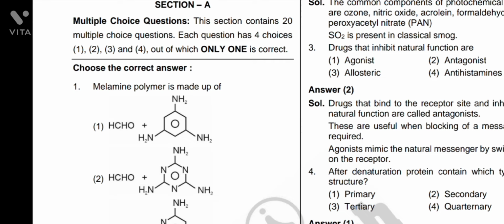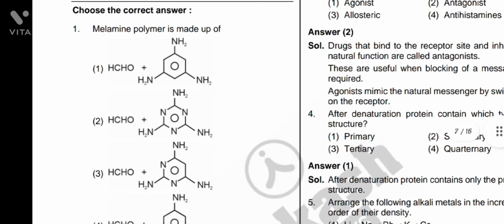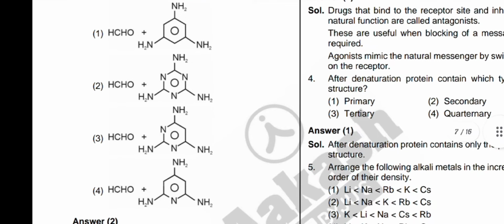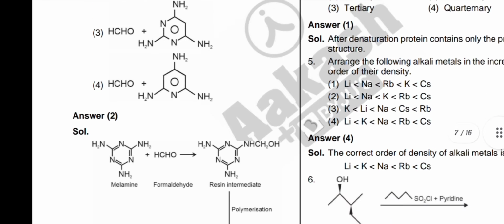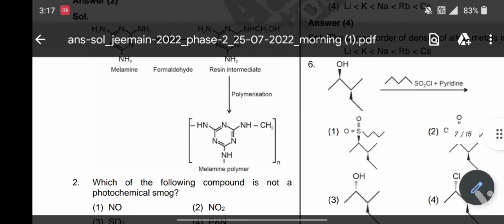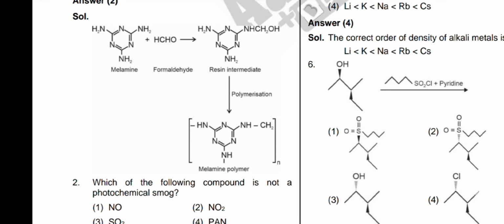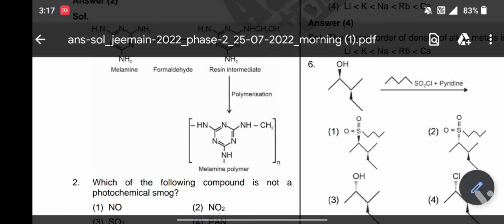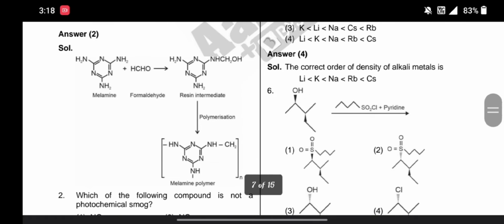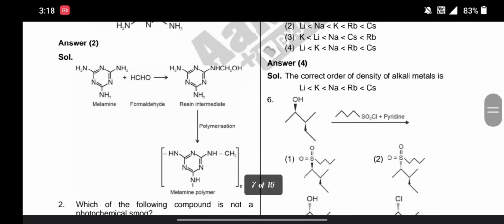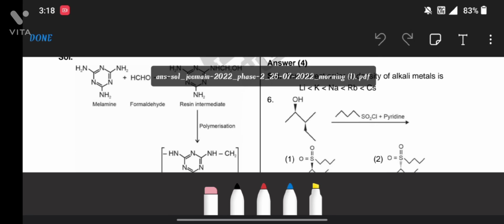The first question they have asked is: melamine polymer is made up of what? You can see the 4 options they have given. Now if we come to the answer, the melamine polymer: first we get melamine.